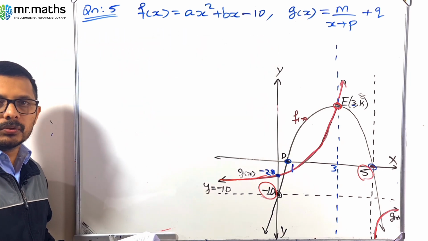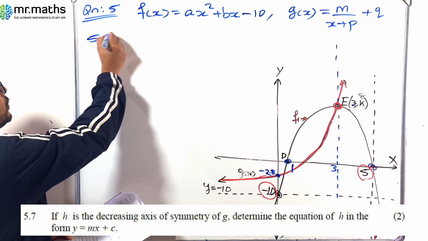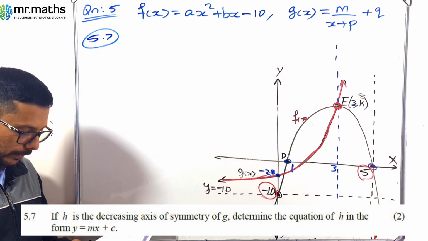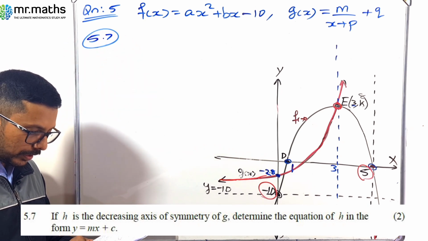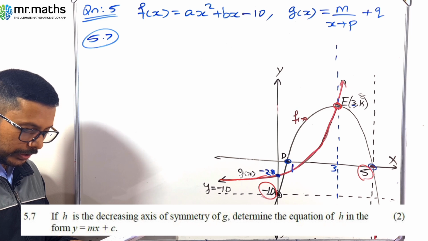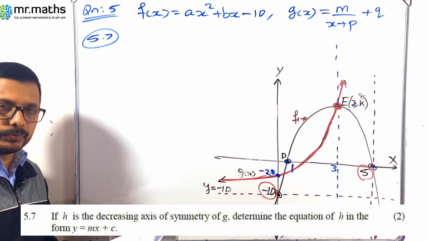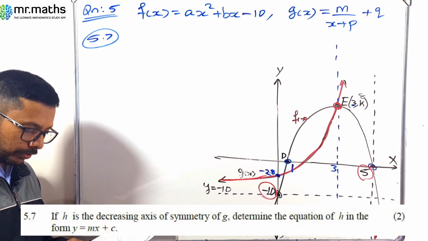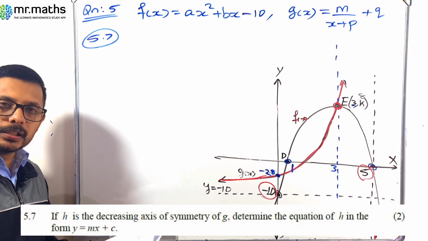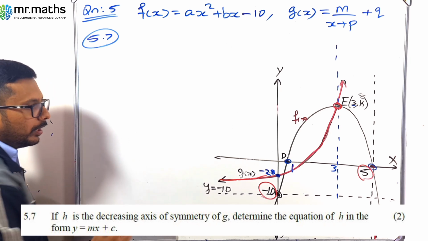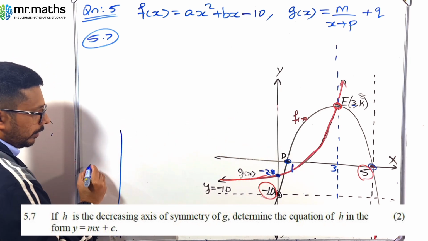Okay, let's move to the next question. Question number 5.7. What is that question? If H is a decreasing axis of symmetry of G, determine the equation of H in the form y is equal to mx plus c. So let me draw that graph once more here.